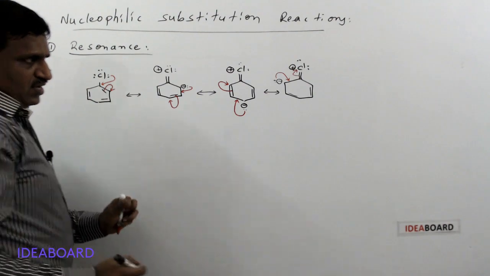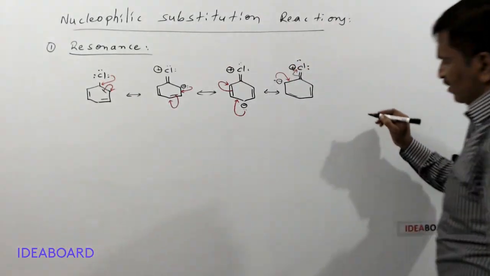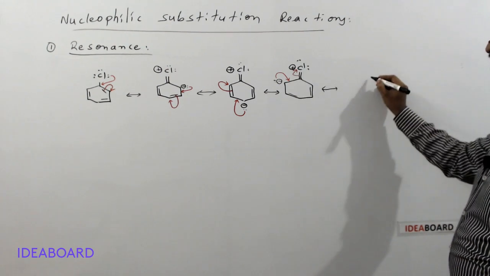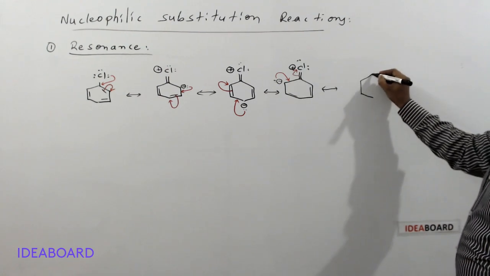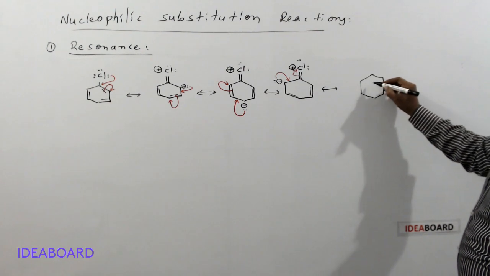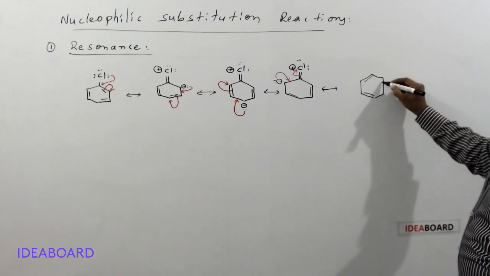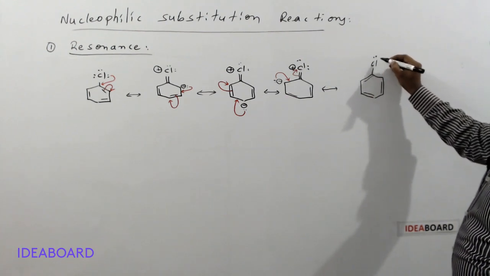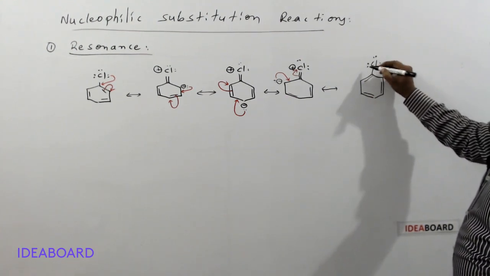The structure then has pi bonds in the ring, and the chlorine atom contains 3 lone pairs.